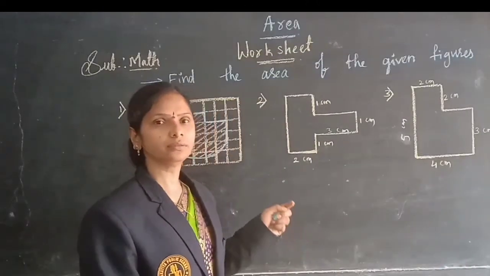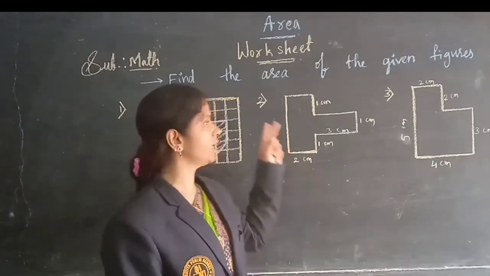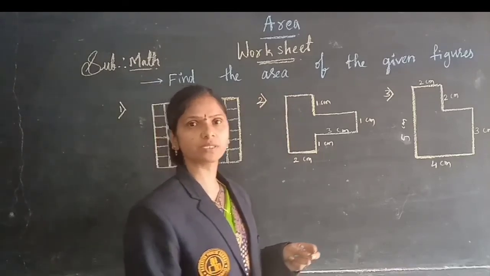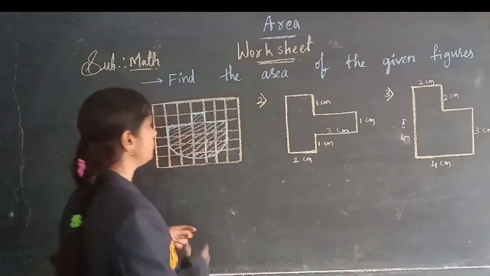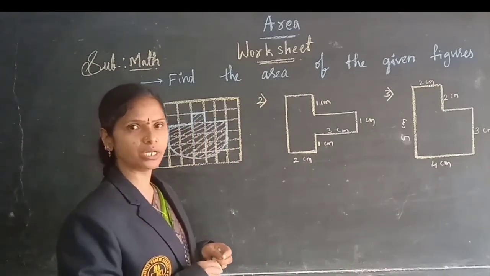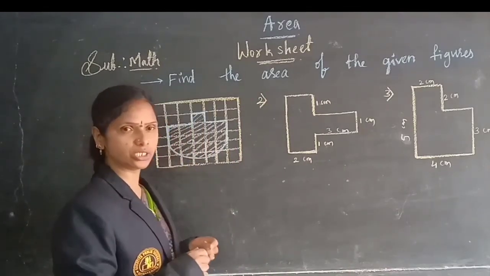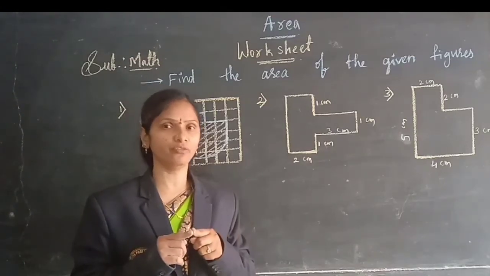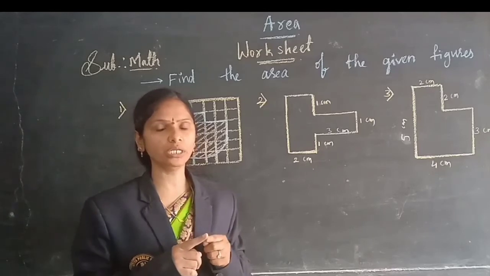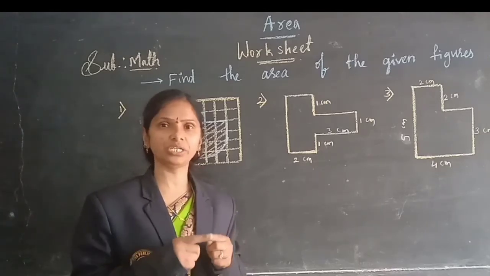Yes, children, I hope you understood the concept of the area of given shapes. Now I give you a worksheet on that. Let's see here. I gave some shapes on the square sheet, and before finding the units, I already told you, children: if a full box is covered, you treat it as 1 unit. If it is covered half, you treat it as a half.